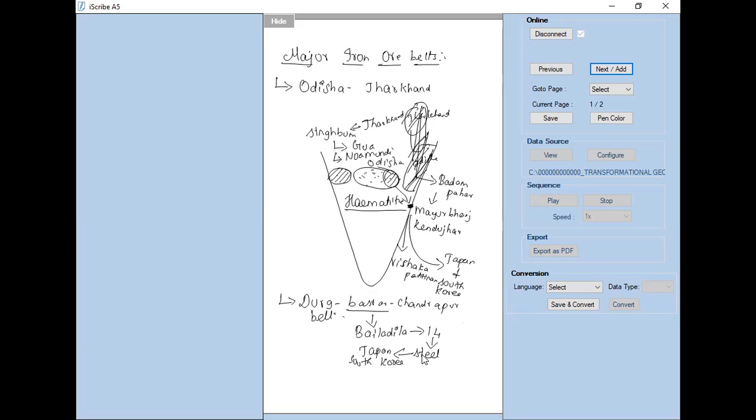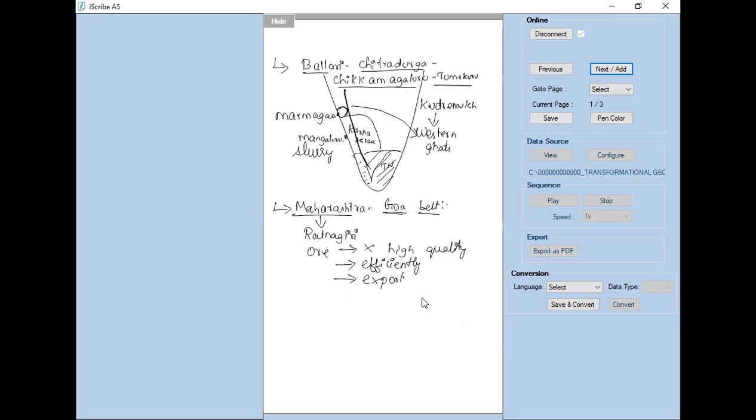This ore is exported to Japan and South Korea through what port? Visakhapatnam port. And we have Bellary, Chitradurga, and Chikmagaluru belt. In which state? Karnataka. And we have Maharashtra, Goa belt. So this is what about iron ore belts. Shall we go to the next page? Do you have any doubts? One minute.